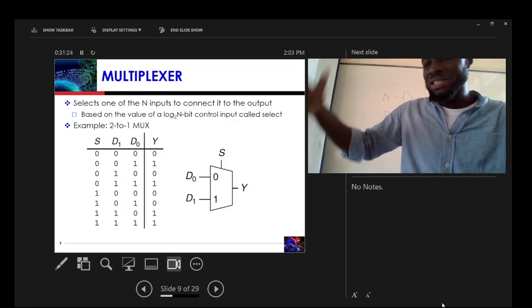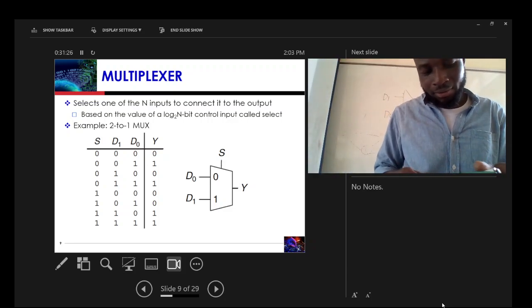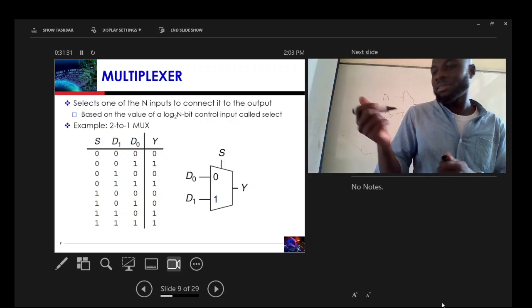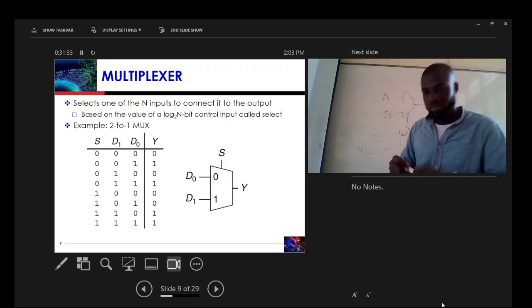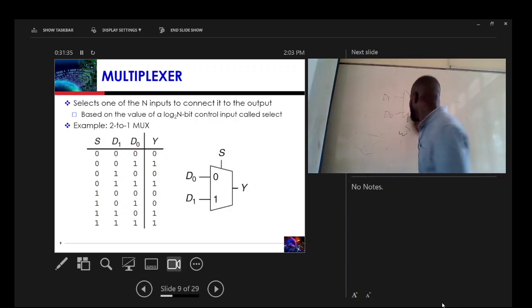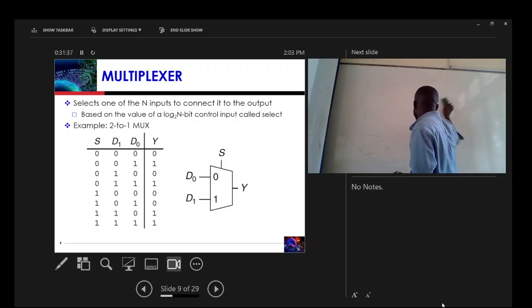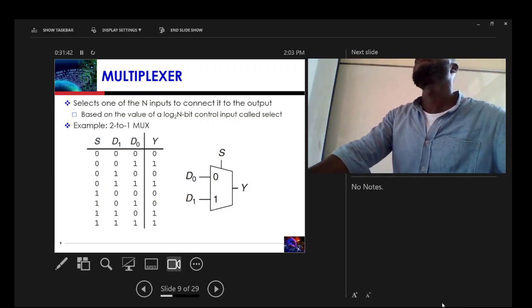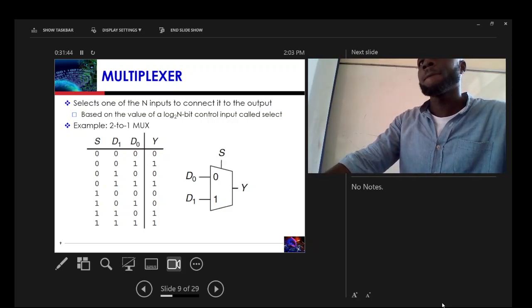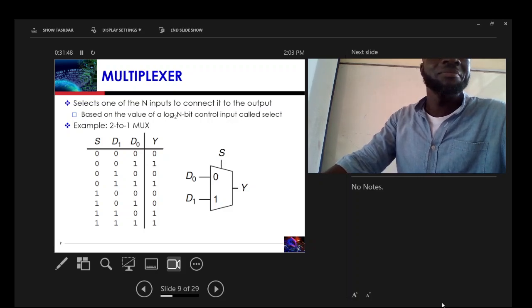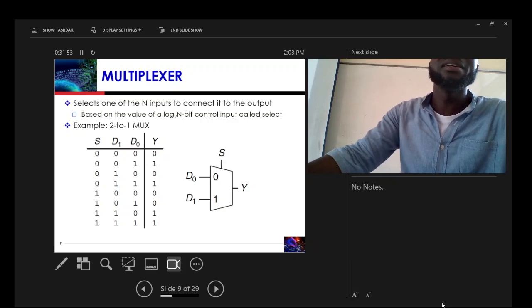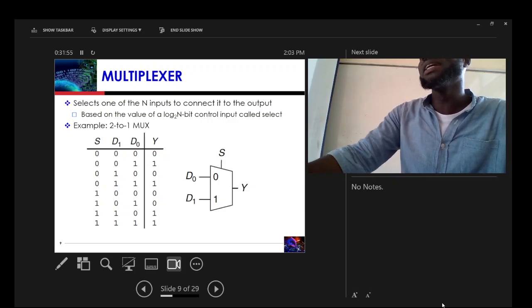How will you even start to conceive of that? You can draw it and let me see. Observe the truth table carefully, and look at how you can use any logic gate at all.